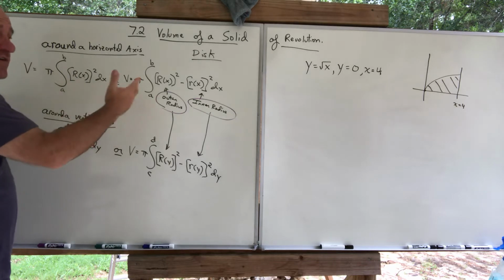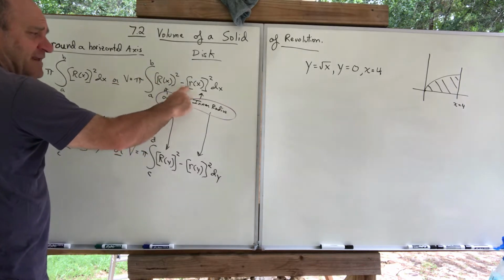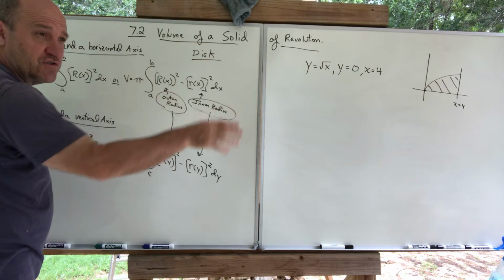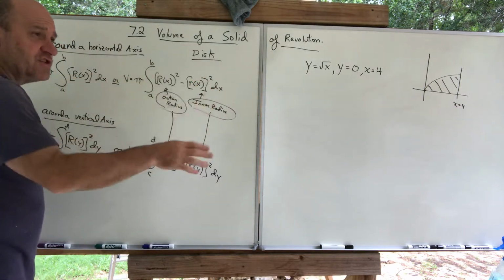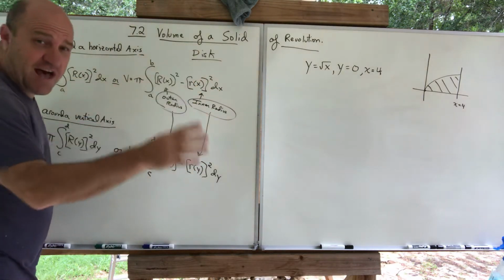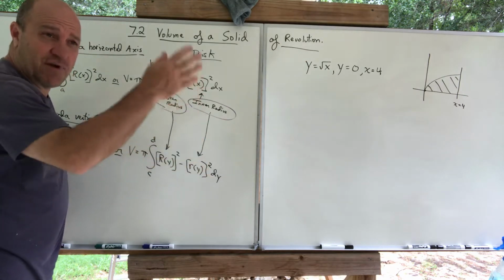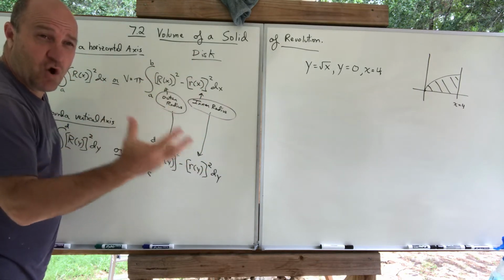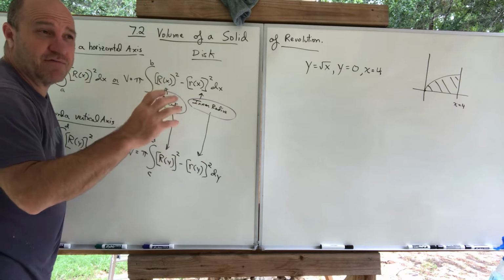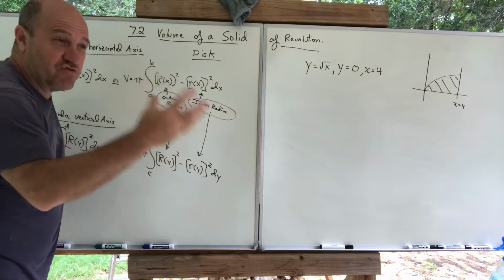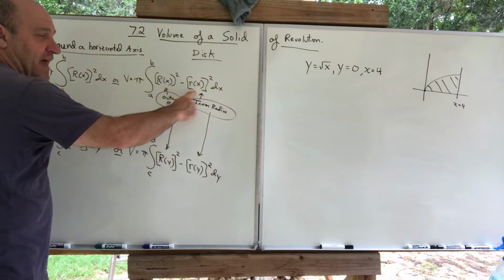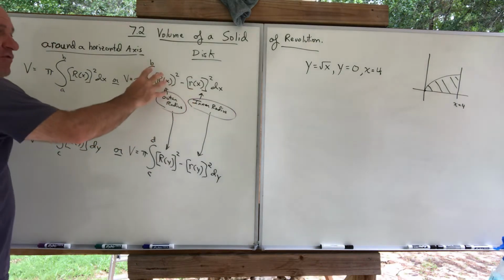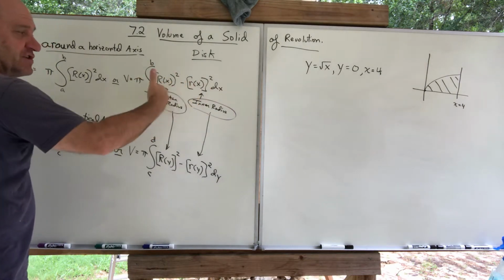Or if there's a hole in it, you have to subtract out the inner volume that you don't want. So if your solid generated by revolving the region ends up with a hole in it, a gap of empty space you don't want, you have to subtract out that inner volume.